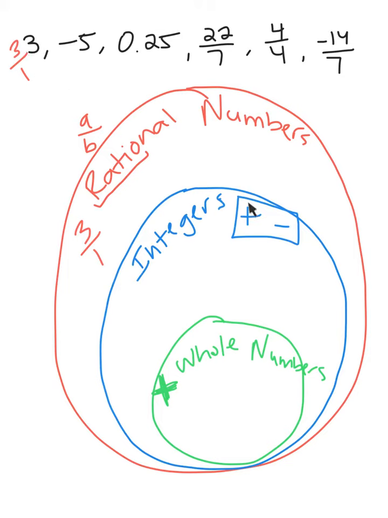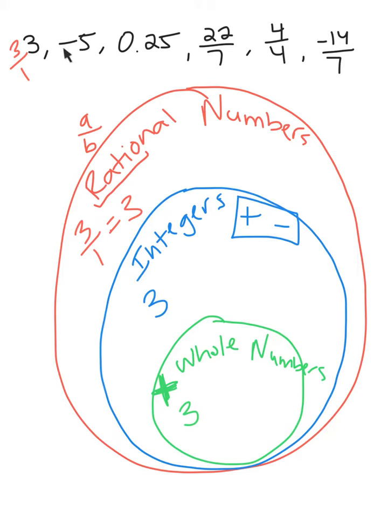And I know that it's positive, so that fits in here, because it can be either positive or negative. So I'm going to write 3 as my integer. And remember, this just means 3 up here. Okay, so we know that 3 is a rational number. It is also an integer. Is it a whole number? Well, is it only positive? Yes. Does it have to be written in ratio form? No, it doesn't. So it is a whole number as well.